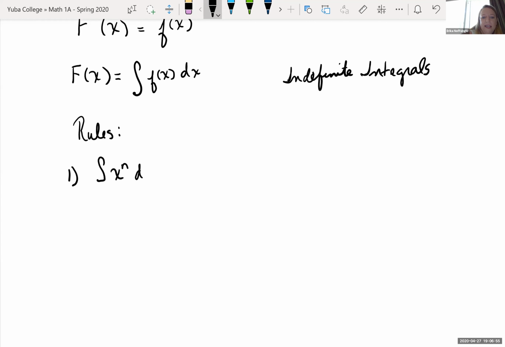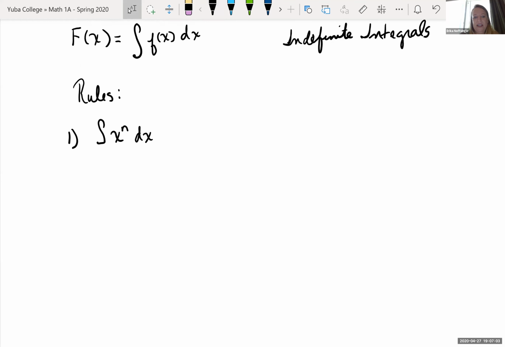If you were taking the indefinite integral of x raised to some power n, where n is a number and x is your variable, this dx is telling you what you're taking your antiderivative with respect to. And so this is telling me I'm taking it with respect to x. If you take the antiderivative of x to the n power, all you're doing is adding 1 to your exponent.